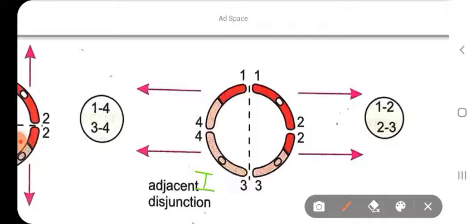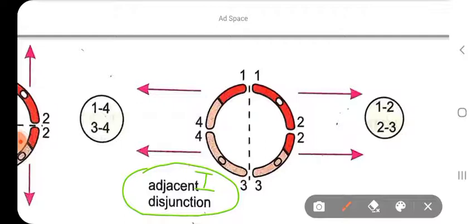That is why during this type of adjacent segregation, or better to say adjacent disjunction, there are two types: adjacent type 1 and adjacent type 2. In each of these adjacent disjunctions you will see duplications and deletions in the gametes. There will be duplicated chromosome segments and deleted chromosome segments in the gametes.